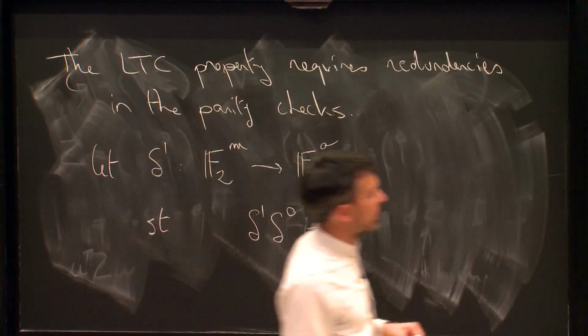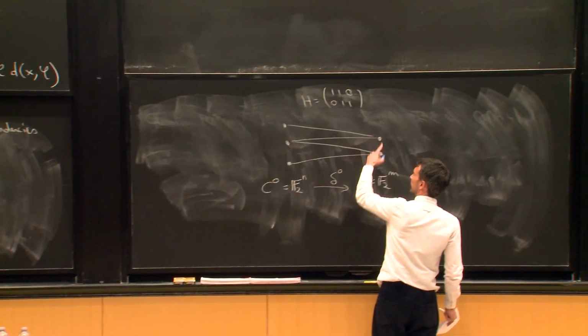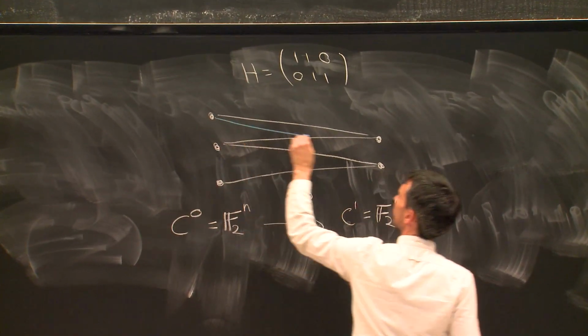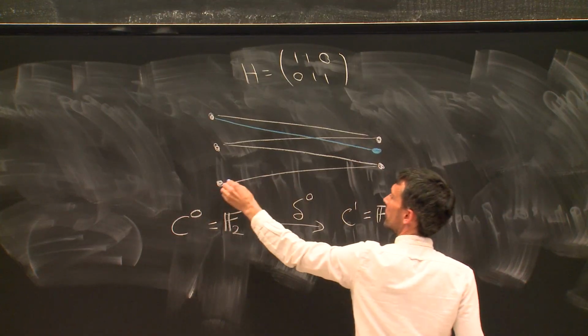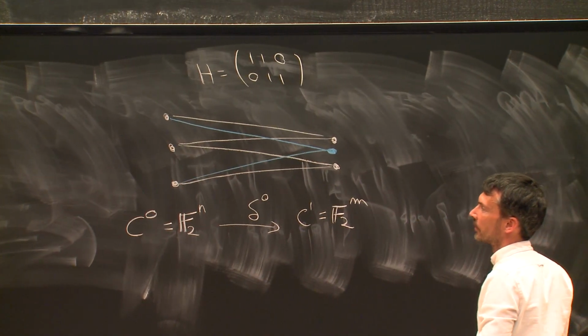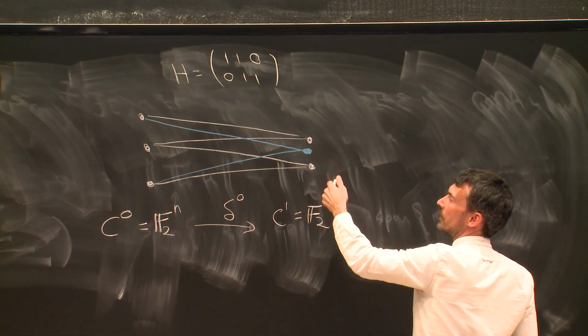So on my example, sadly, I don't have linear dependencies between these checks, but if I add a third one, I'll just do it in blue so that it stays readable. So we'll add a parity check here. Now my parity checks are linearly dependent in the sense that the sum of the three parity checks is always equal to 0.